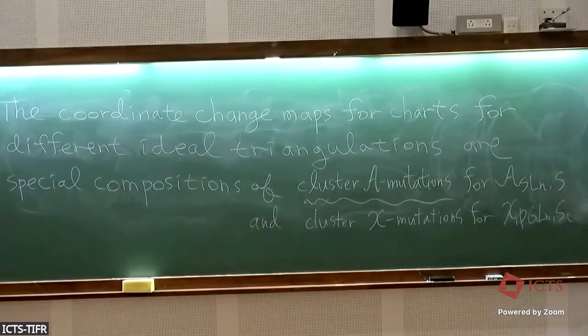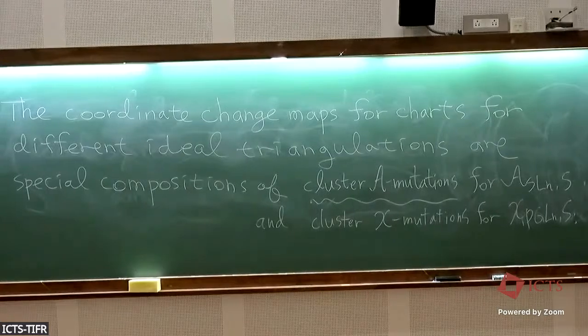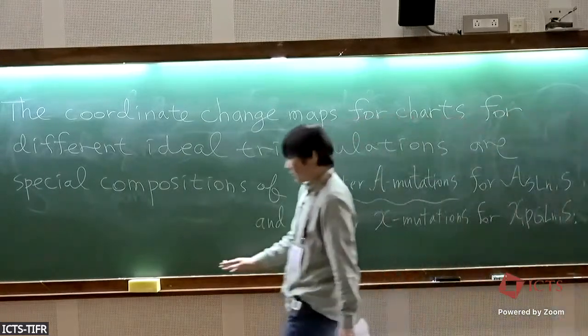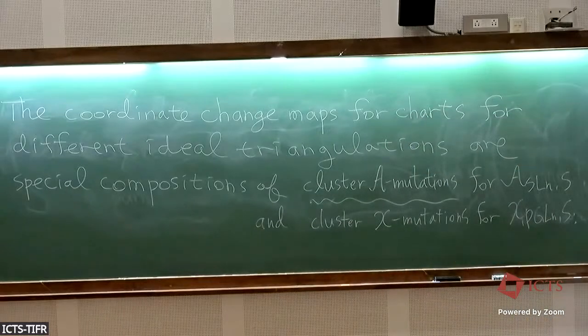So at the moment, this is the theorem, but I will be describing in more detail. The cluster mutations, which I will give explicit formula now, are special rational expressions, some rational formulas, that are combinatorially defined using the quivers.